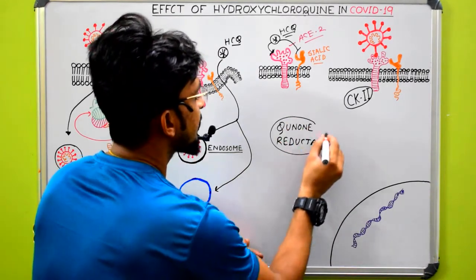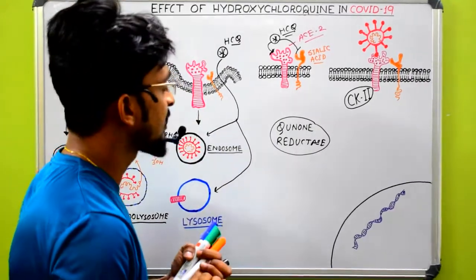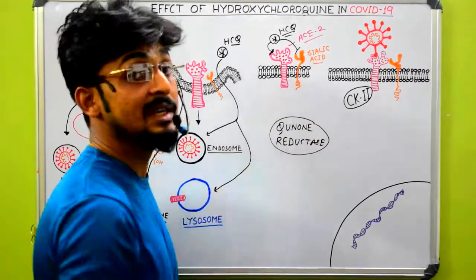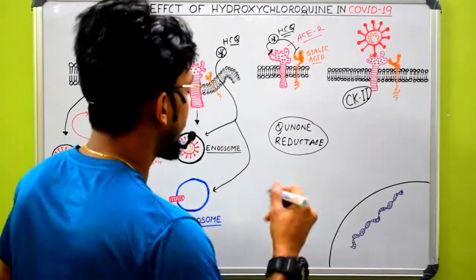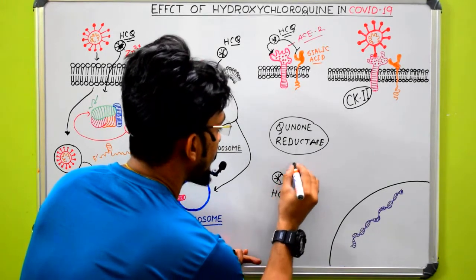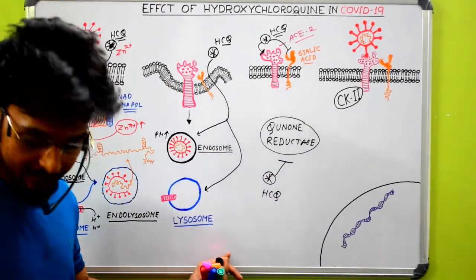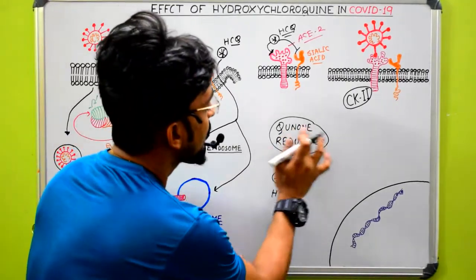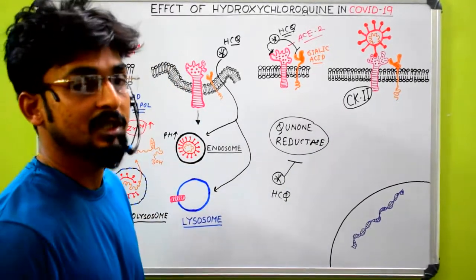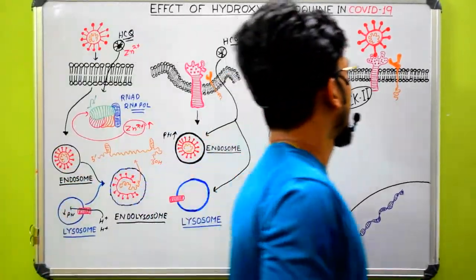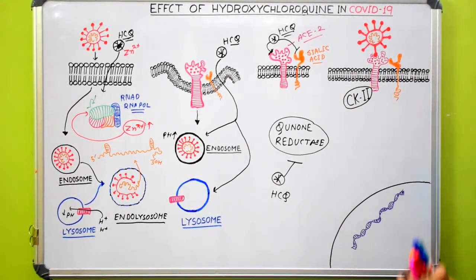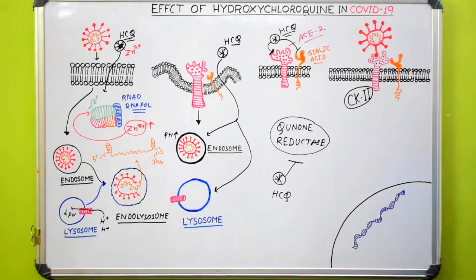This quinone reductase is an enzyme which plays a crucial role in the biosynthesis of sialic acid. So the hydroxychloroquine prevents or blocks the activity of the quinone reductase. As a result, this sialic acid cannot be produced in much amount. Okay, and here another part is also there that I will show you in the space.